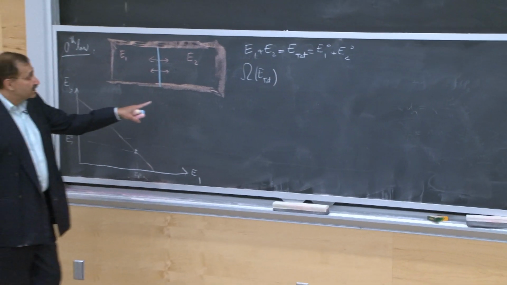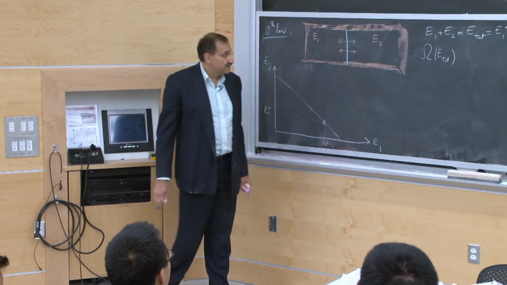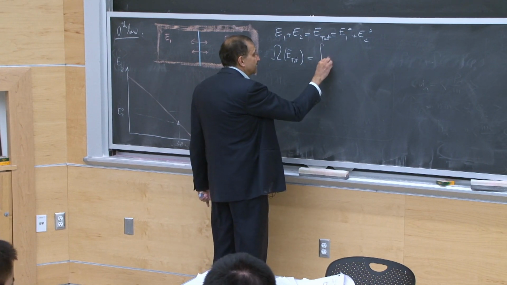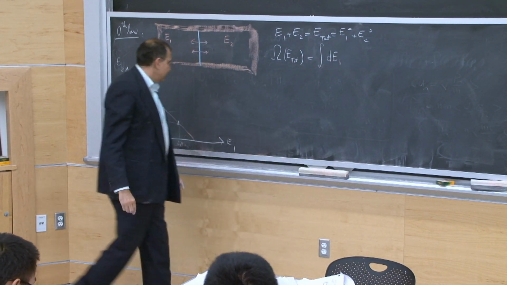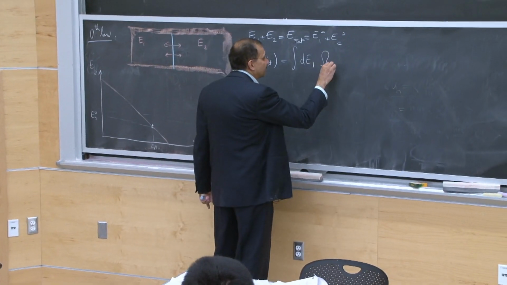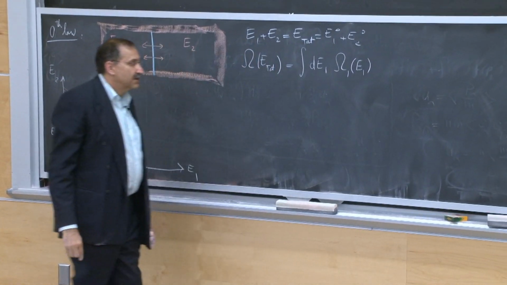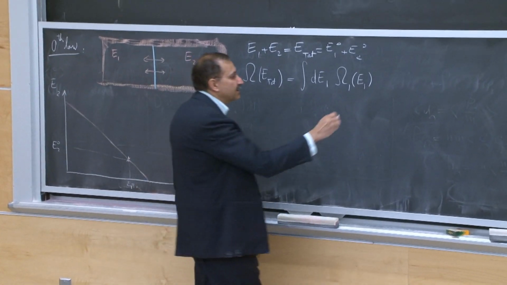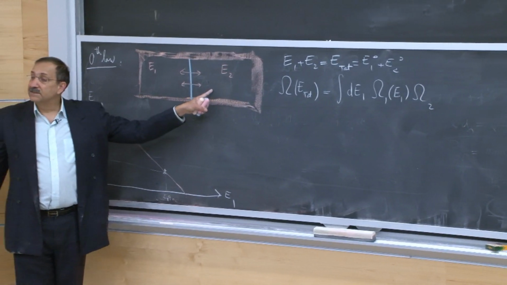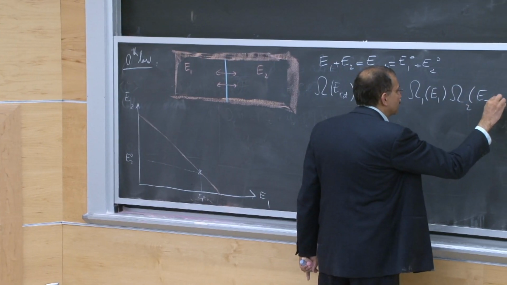So there is a corresponding omega that is associated with the combined system. To obtain that, all I need to do is to sum or integrate over the energy that I have in the first one: the number of states, or the volume of phase space, that I would have if I was at E1, simultaneously multiplied by how many states the second part can have at the energy that corresponds to E total minus E1.